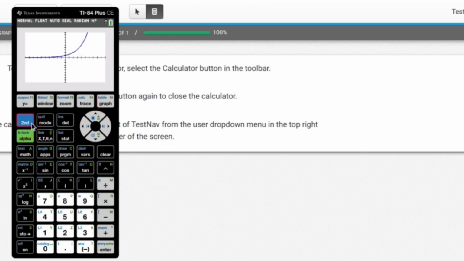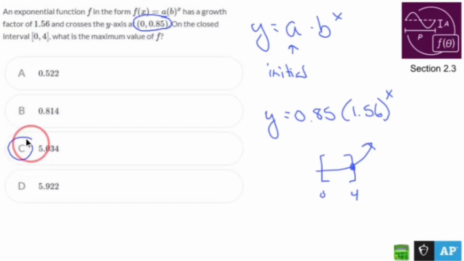If I type out second trace, hit value, hit 4, I'm going to get that number right there, which matches up with the answer C. You're finding the maximum knowing very well that it's going to be all the way to the right for this one. When I did that, I got 5.034, so the answer is C.